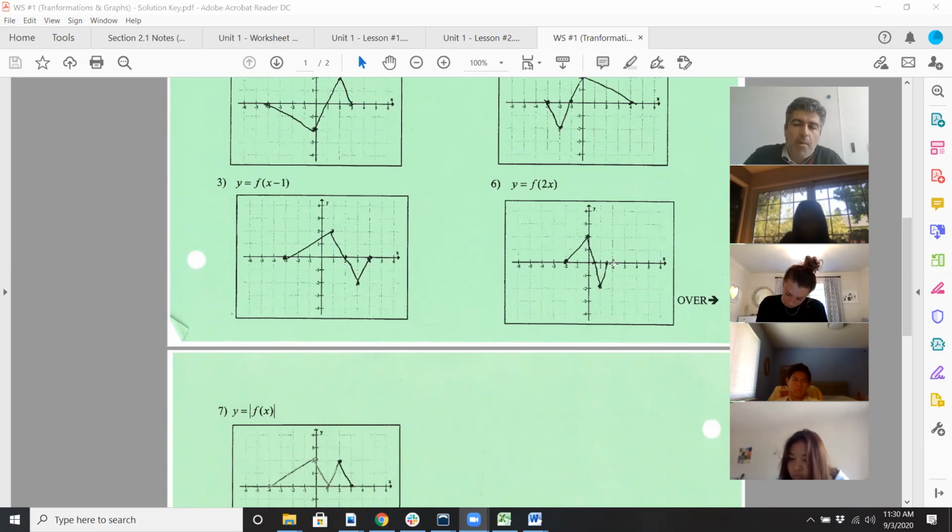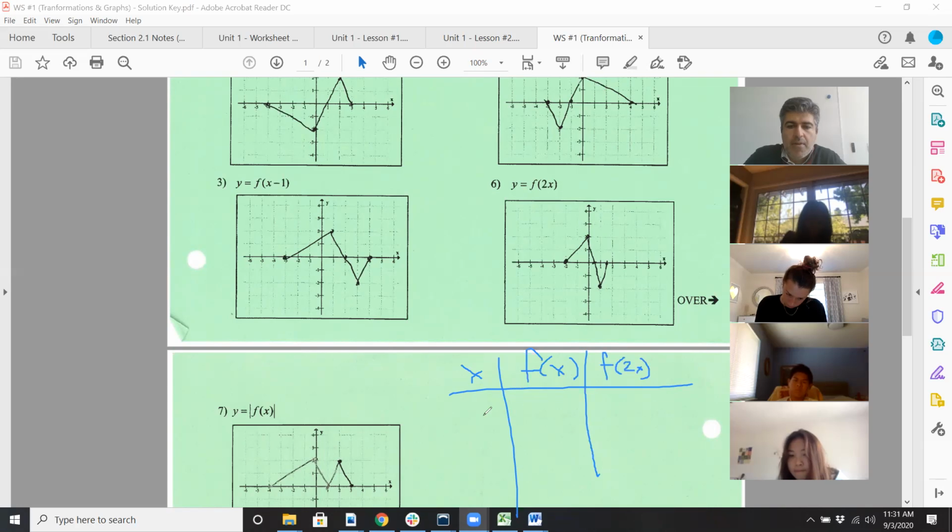Another way you could think about it is to make a table. Obviously, when x is 1, we know it's 0.